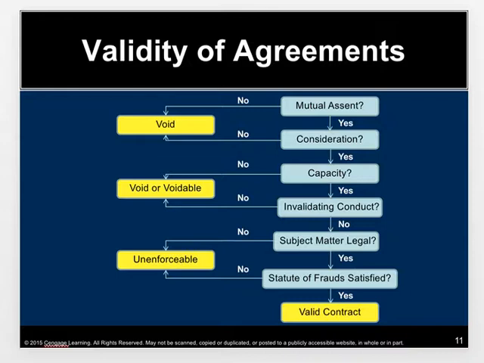So I'm not going to talk about it right here. I'll talk about it in the other slides. But this is in essence an analysis of how you determine whether you have a valid contract or not. So you start out with that mutual assent at the top, and you keep asking all of the questions till you either end up with a valid contract or one of the others, the void, voidable, or unenforceable.